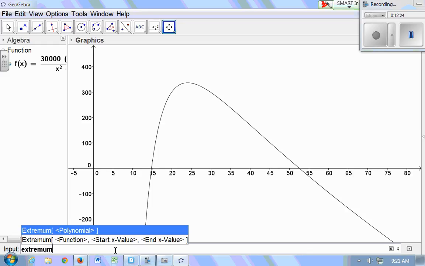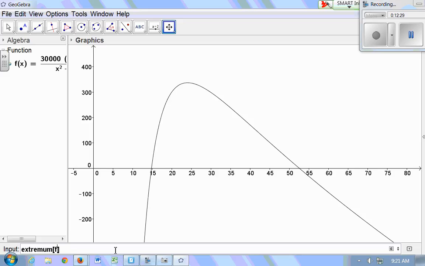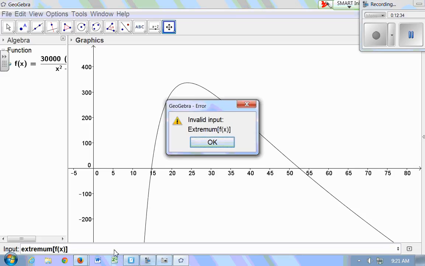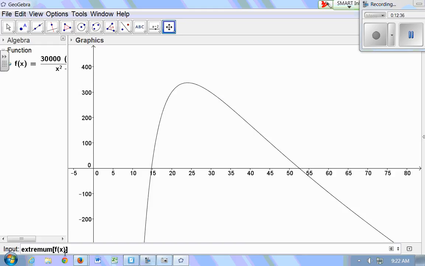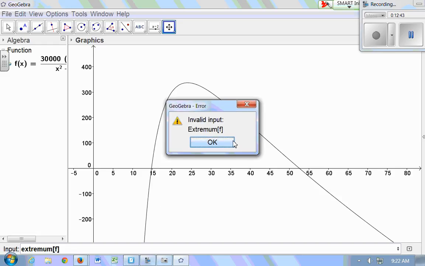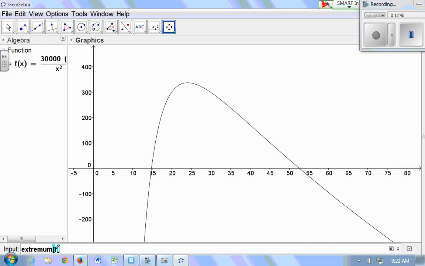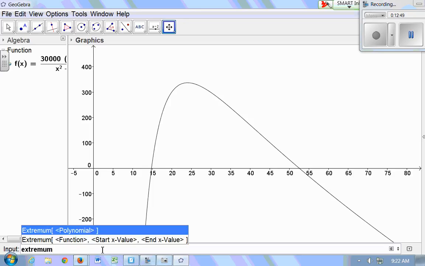I know you can do extremum, f of x, function, start value and x value. Okay, so we know that it happens around 25.